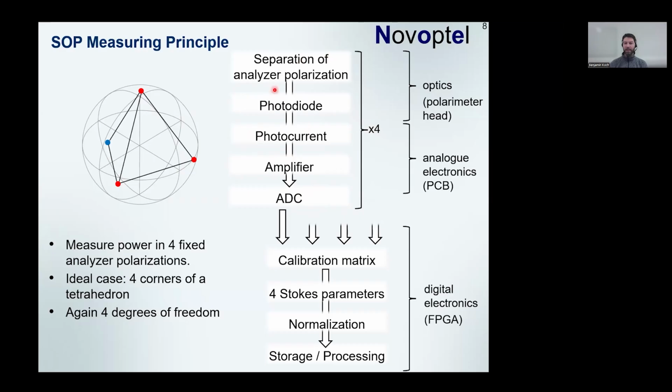The optical part, separation of analyzer polarization, and the photodiodes are integrated in our polarimeter head, and the rest is analog electronics on our PCB. And then we have the 4 digitized values of the photocurrents and can use measured calibration matrices in our FPGA to calculate the 4 Stokes parameters. And then we apply normalization and we can go forward either with storage or with further processing. All this is done in an FPGA.